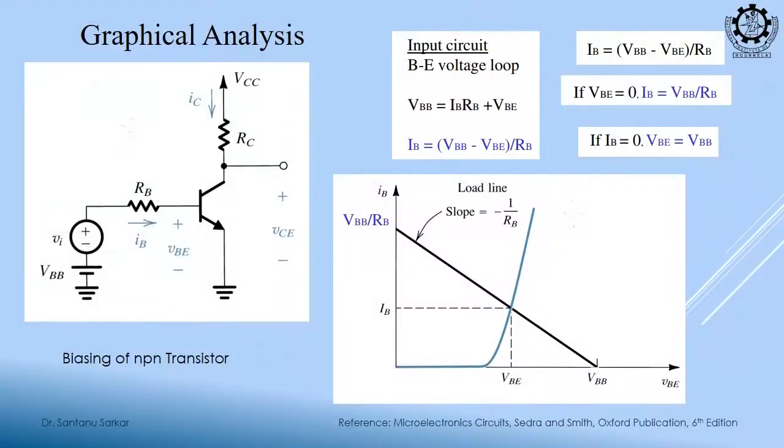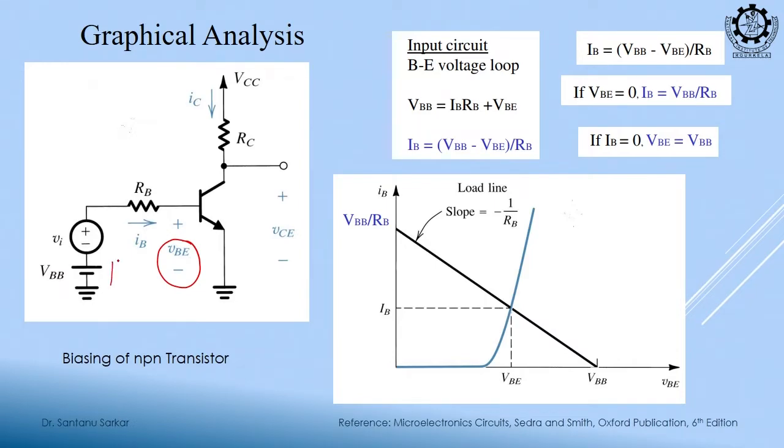So, the graphical analysis that we discussed before, the same we will start. What are we doing? First we have to make sure that this transistor is in proper bias. What is the proper bias we have defined? Active region. To make it active, first we have to give a DC value, so that its base emitter is on.